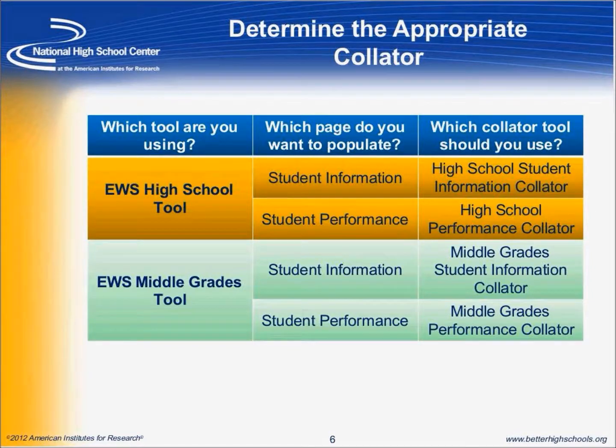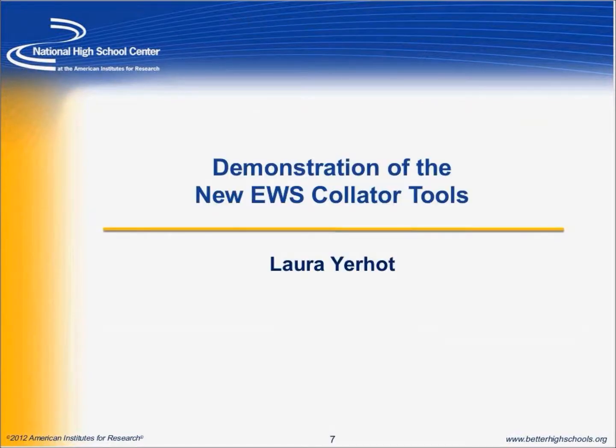So I am now going to begin a demonstration of the EWS High School Student Performance Collator. And the process that I'm going to demonstrate is the same one that you would use for all 4 collators.